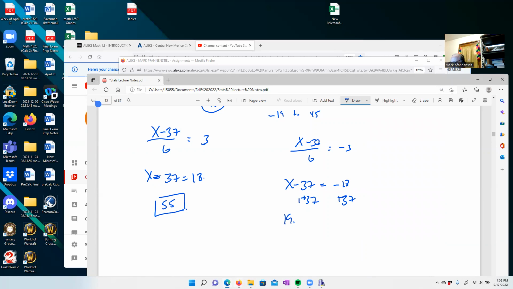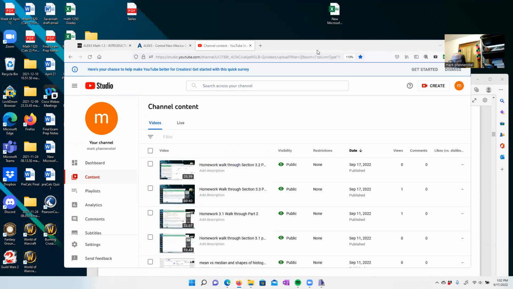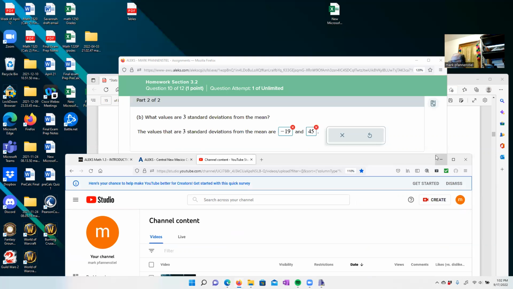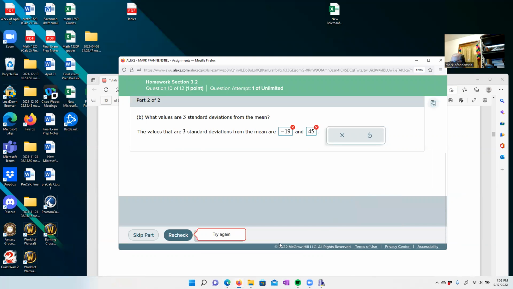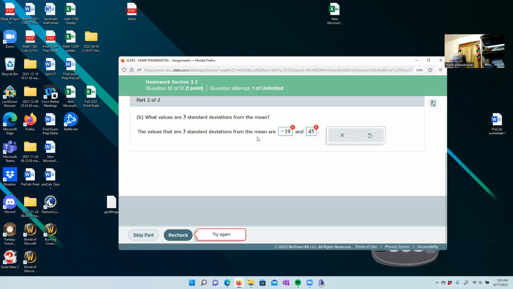Okay, so we'll double check this one and hope for the best on that. Yeah, there we go. Okay, so what are we looking at here? I want 19 and 55. Okay, I was off. 19 and 55.